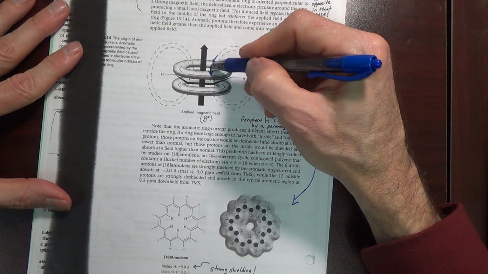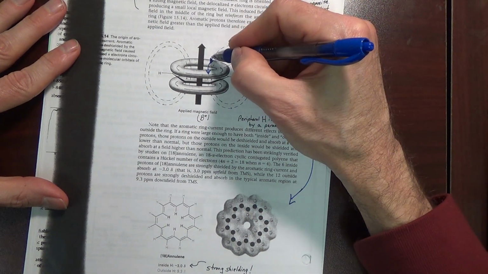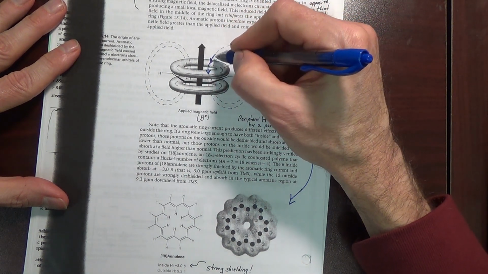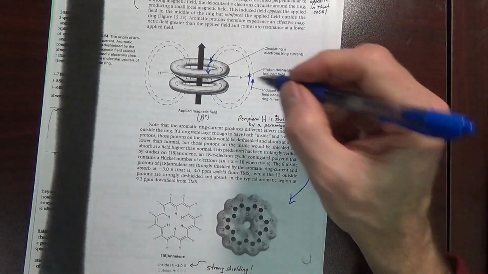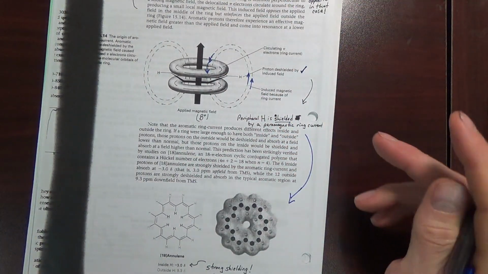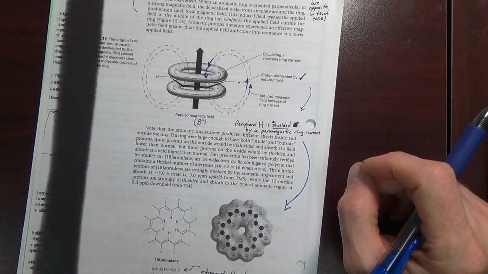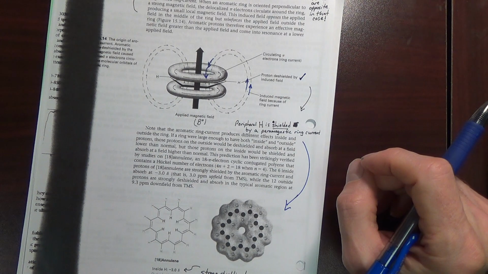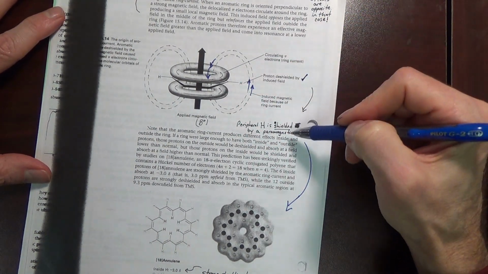And this is actually a shielding effect because it's going to reduce the net effect. It's like you're getting less sun, you're getting less magnet because something is diminishing the net field strength. Okay, let's make sure. Yeah. Because this is considered a diamagnetic ring current, not a paramagnetic.